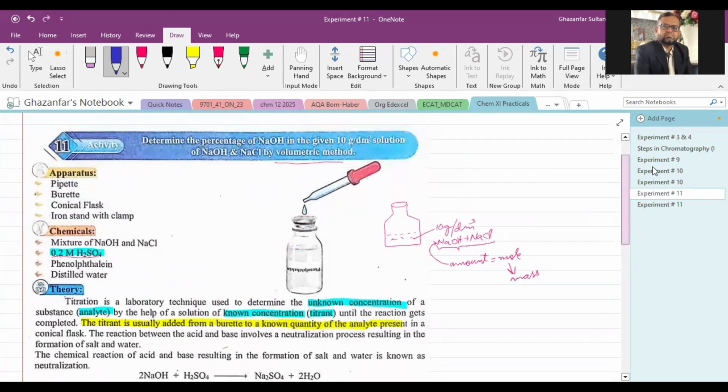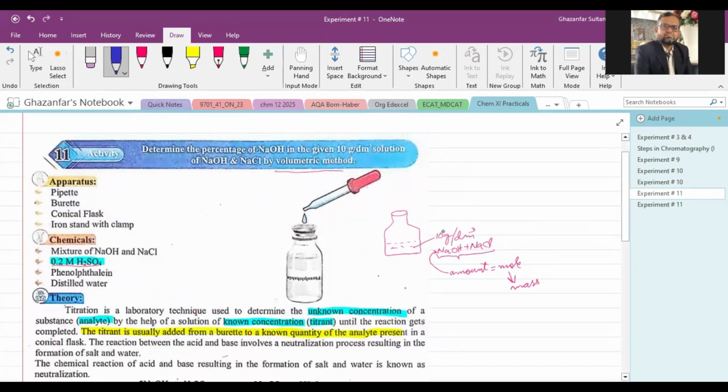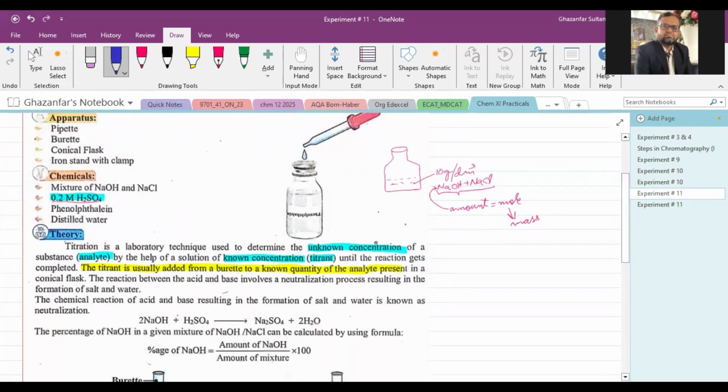So this is the procedure. Sorry, we will see the procedure first.